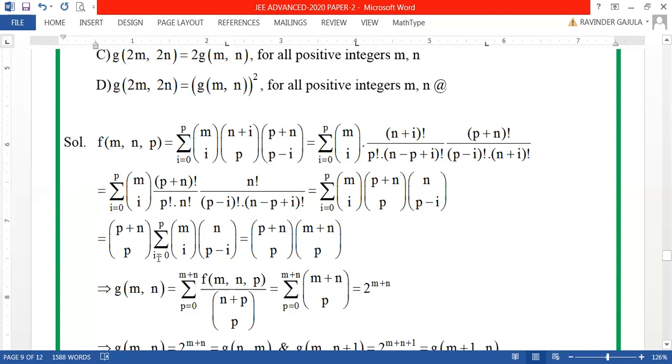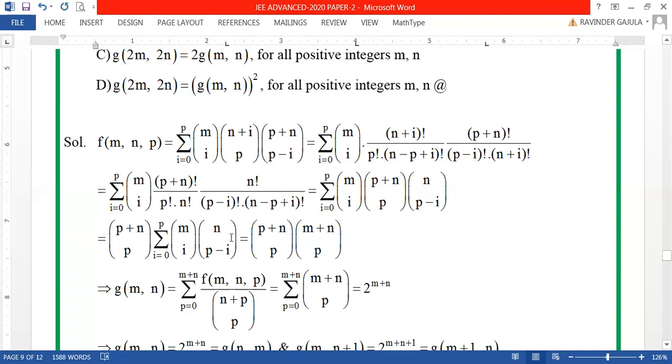Now sigma i equal to 0 to p, mCi and nC(p-i) will be taken. Now because the sum of the suffixes is constant, this will be taken from the two expansions: mCi in the expansion of (1+x)^m and in the expansion of (1+x)^n.